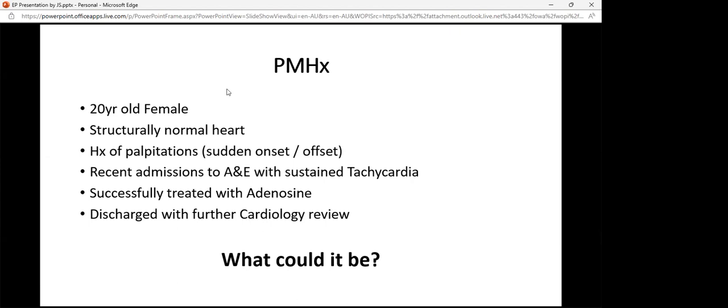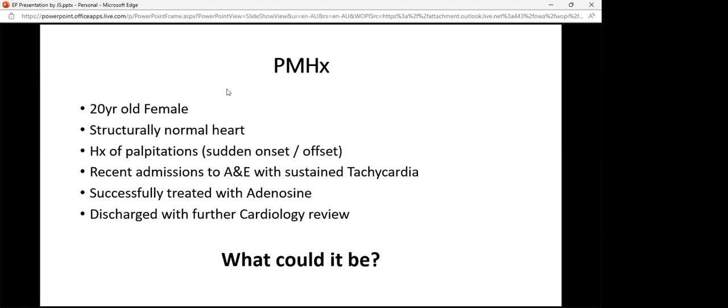So we've got a bit of background knowledge there, I hope, of things we need to look for. So let's have a look at our patient, our little case study. We've got a 20-year-old female, structurally normal heart. She has a history of palpitations, classically sudden onset, sudden offset, meaning it comes on quickly and goes off quickly.